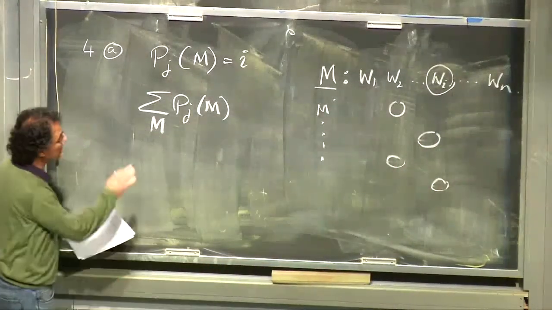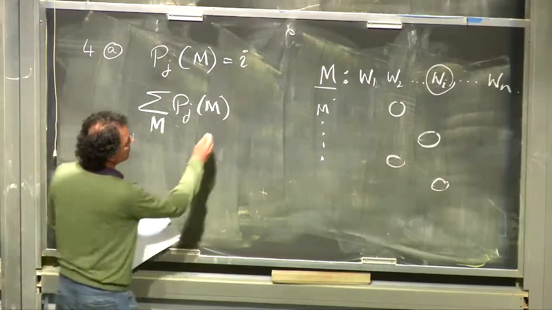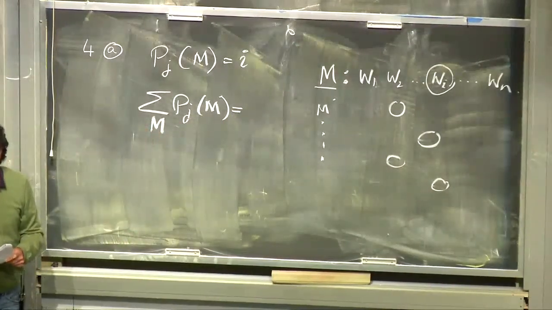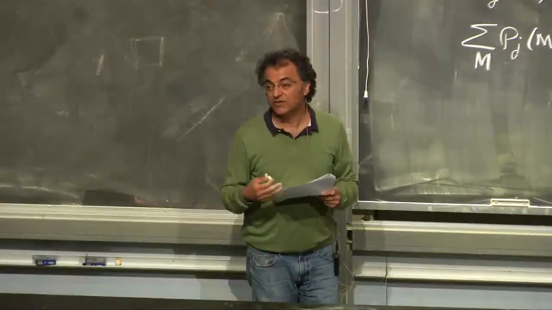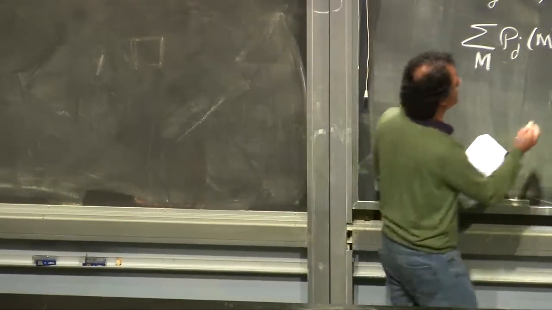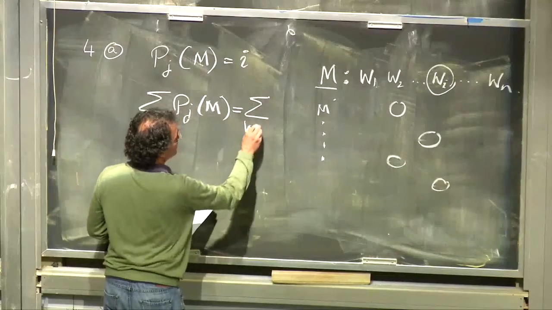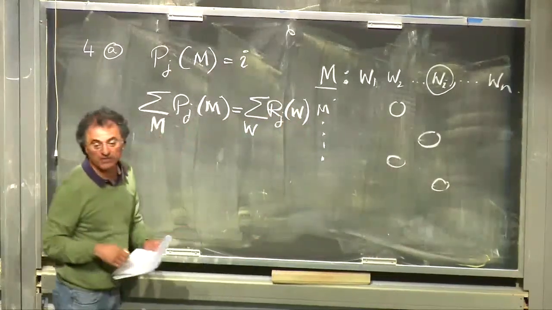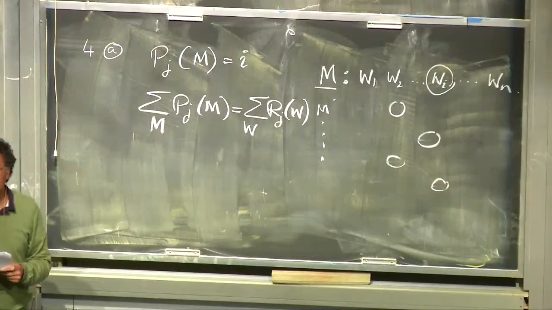Okay? That's the left-hand side. Now on the right-hand side, you say, for each woman, how many men did she already reject? Right? So you take the sum over all W of R sub j of W.